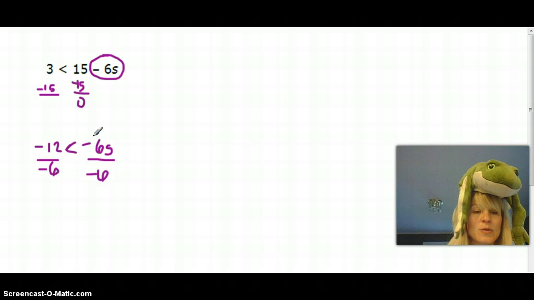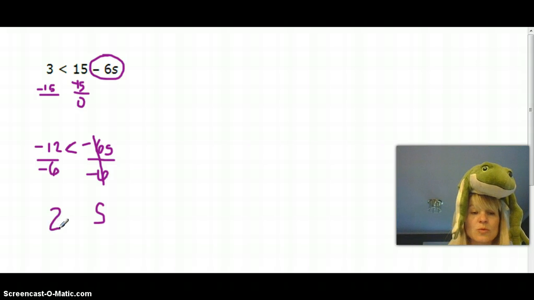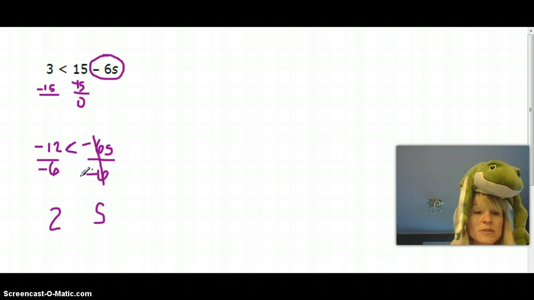So -6s divided by -6 is +1s, or just s. -12 divided by -6 is +2. And then we wrote down this rule that when you multiply or divide by a negative number, this sign flips its direction. So it looks like this. So now 2 is greater than s.